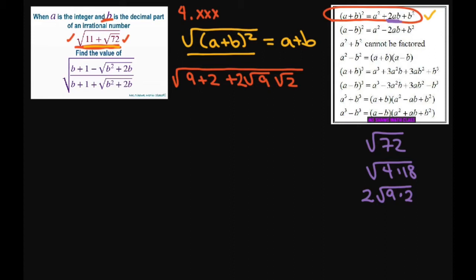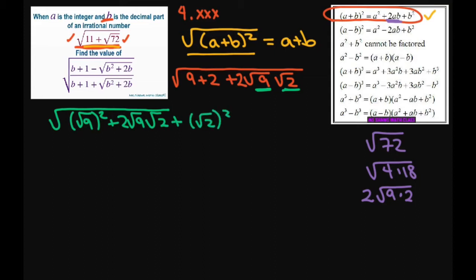So that means my A is square root of 9 and my B is square root of 2. Therefore I can write this as square root of 9 squared plus 2 times square root of 9 times square root of 2 plus square root of 2 squared.